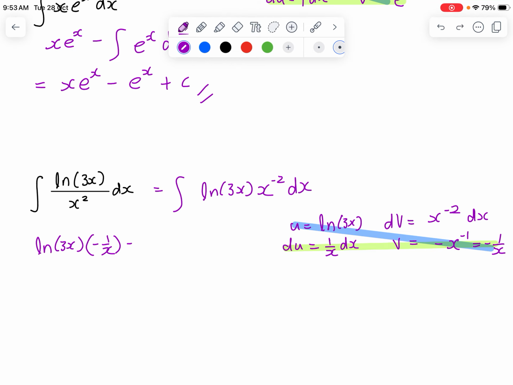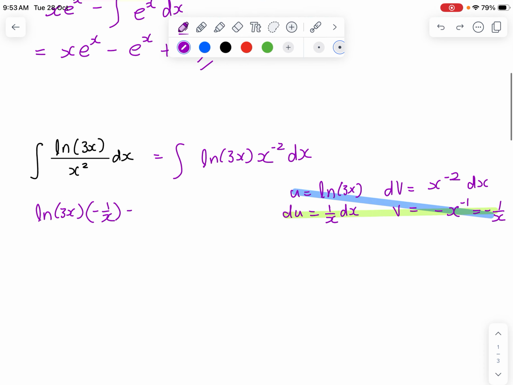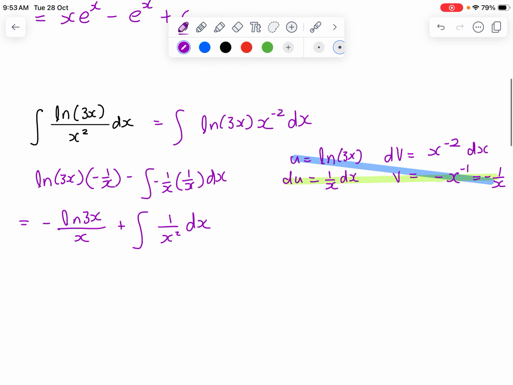It's fine for this time, but anyway, we have that minus the integral of v du, the green section. So we have the integral of v, which is negative 1 over x, times 1 over x dx. And just to make things easier, I'm just going to rewrite this so it's easier to look at. Now that we have that, we can integrate this.